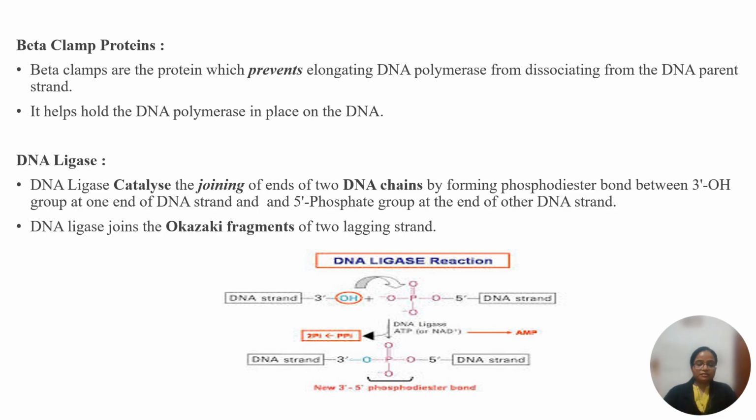Instead of the replicative enzymes and other proteins moving themselves, they are associated with the beta-clamp protein, and the beta-clamp protein is sliding on the DNA strand. So the rate of DNA synthesis is drastically increased.